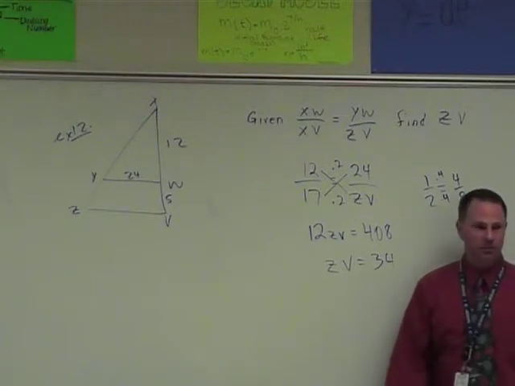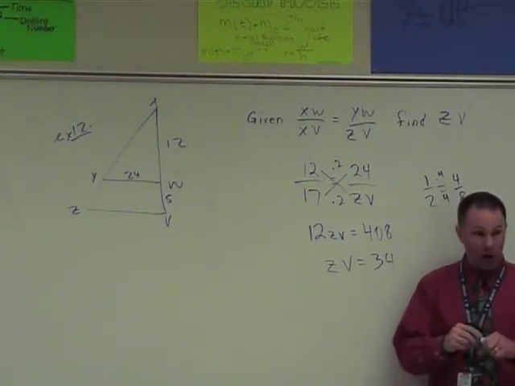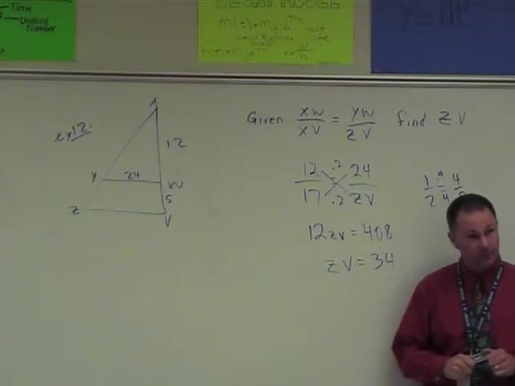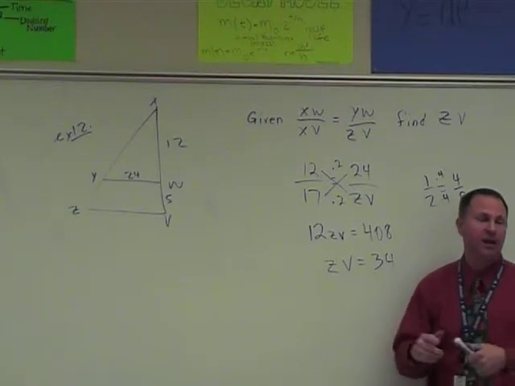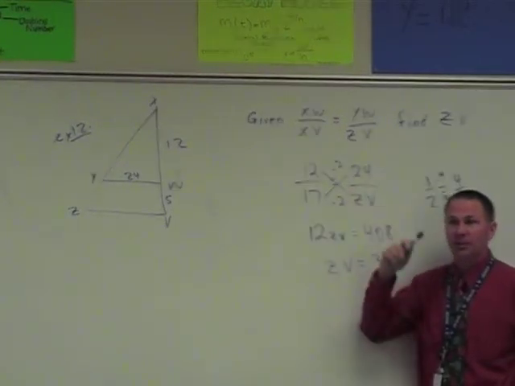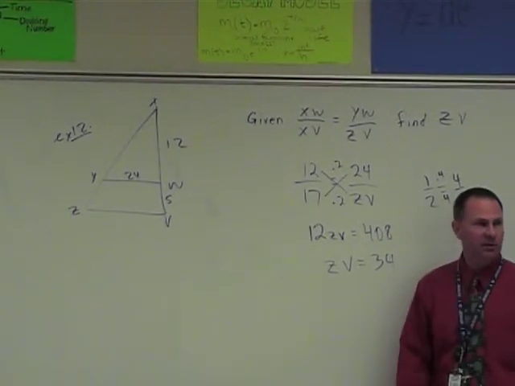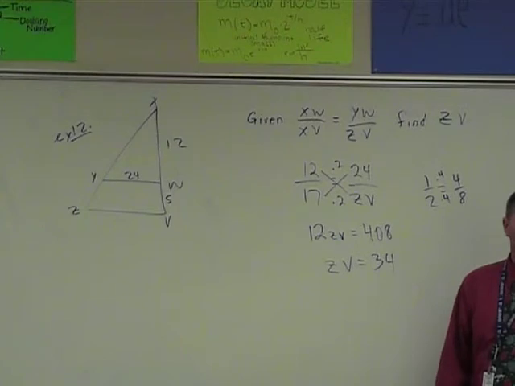That's why they're equal. So it's going to be like that on every problem if they are proportional. But it may not be a whole number that you're multiplying by, so you may have to cross multiply. But if you can look at that and say, oh, I just multiply that by 2, then you can do the same thing with the bottom. Okay?